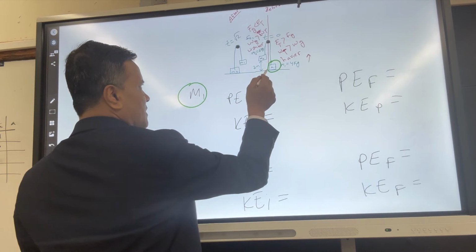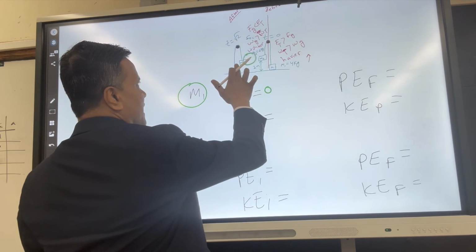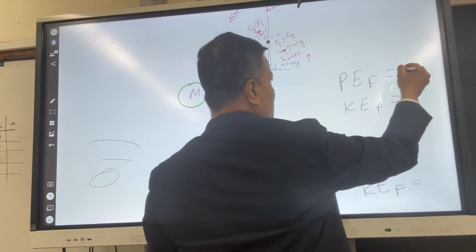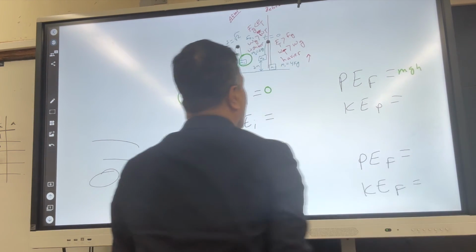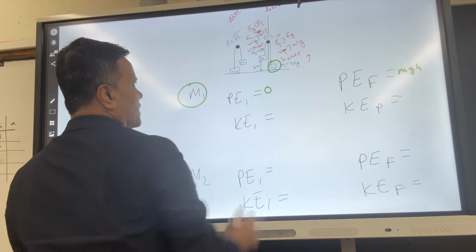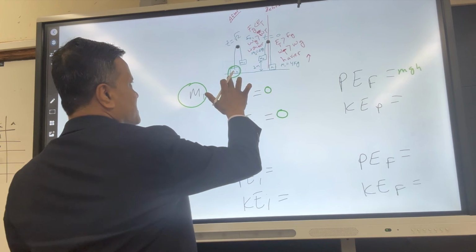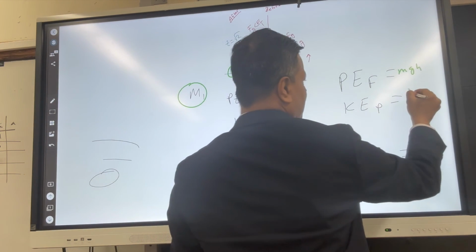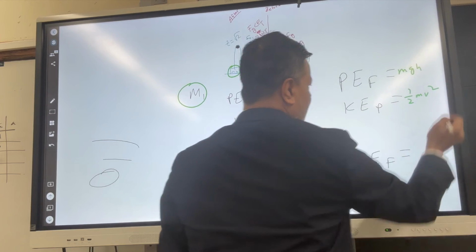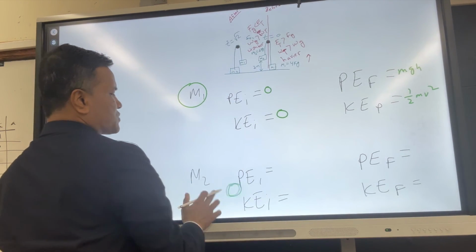Look, height is 0. Potential energy final, height is not 0, so mgh. Kinetic energy initial, well, it is at rest, velocity is 0. Kinetic energy final, velocity is maximum. All right, let's do mass 2.